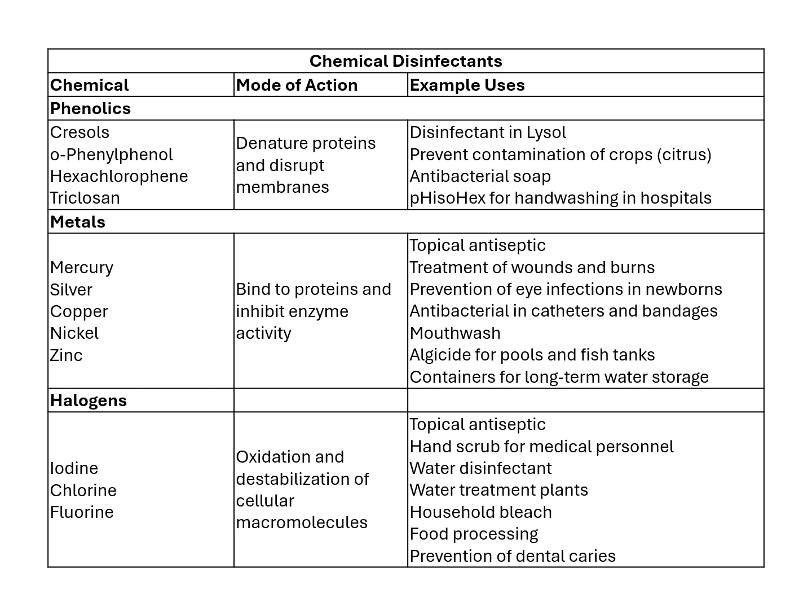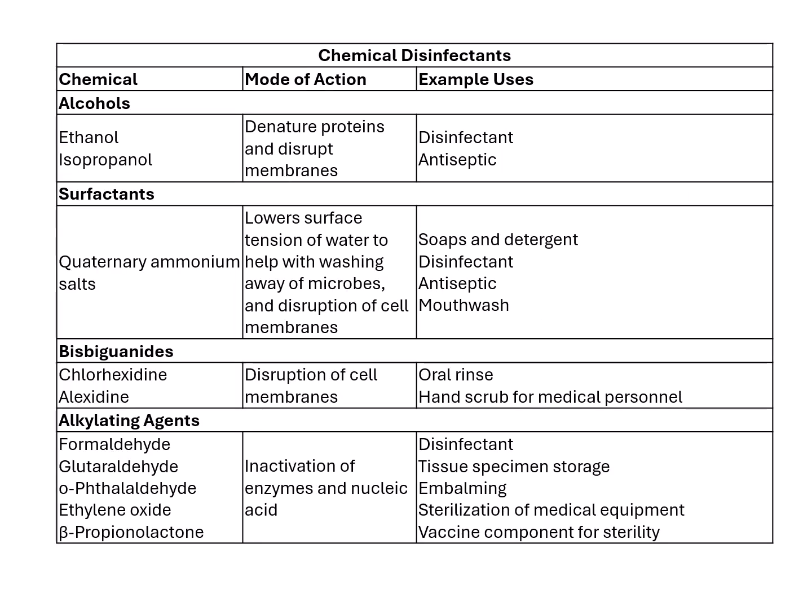And at the end of section 13.3, our book gives us a giant table that looks at all of the different chemical disinfectants we've talked about and lists them by chemical, their mode of action, and example uses. So take a look. I've broken the table down into 3 parts so we can fit it on the screen. So previously we saw the phenolics, metals, and halogens in the previous table.